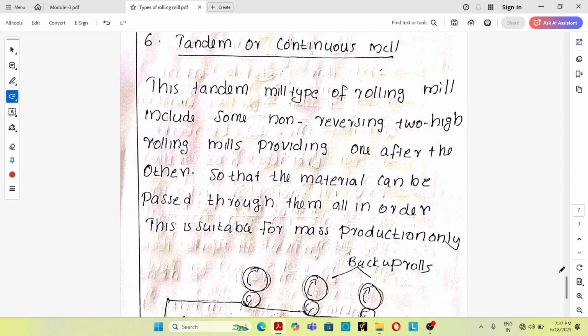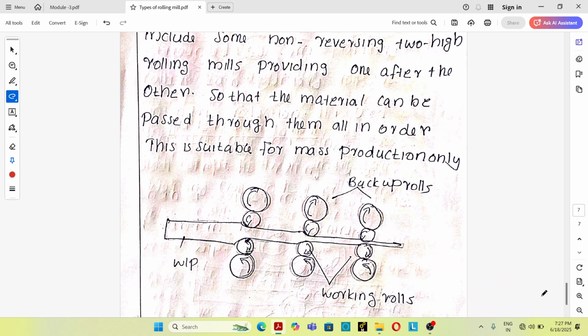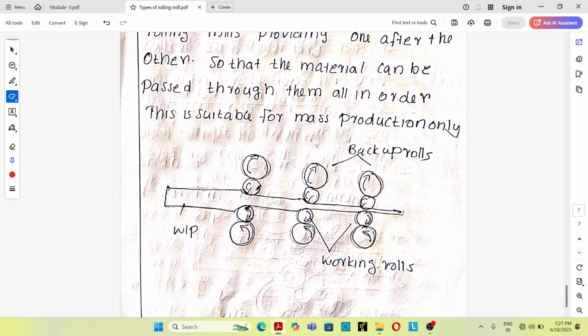And the last one is the tandem or continuous rolling mill. See, the tandem or continuous rolling mill is used only in the case of mass production, and consists of non-reversing 2 high rolling mills placed one after the other. It consists of several rolling mills placed one after the other, continuously reducing the thickness of the workpiece during the rolling process.